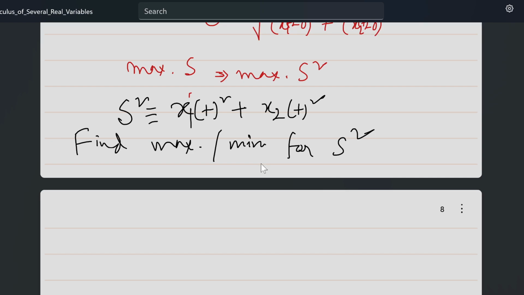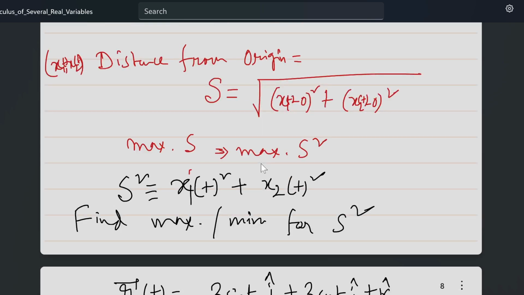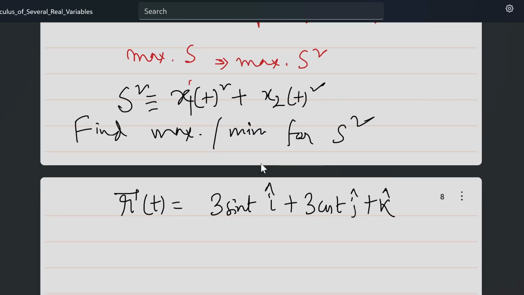Similarly, suppose a position vector is given, r of t is sin t i plus cos t j plus k. To find the maximum, minima, or anything, you just differentiate this. Here there is no question of finding distance, but suppose in a problem you have to find some distance from the origin, then you do whatever I said: square. And suppose r is the position vector, so dr/dt represents velocity, d2r/dt2 represents acceleration, right?